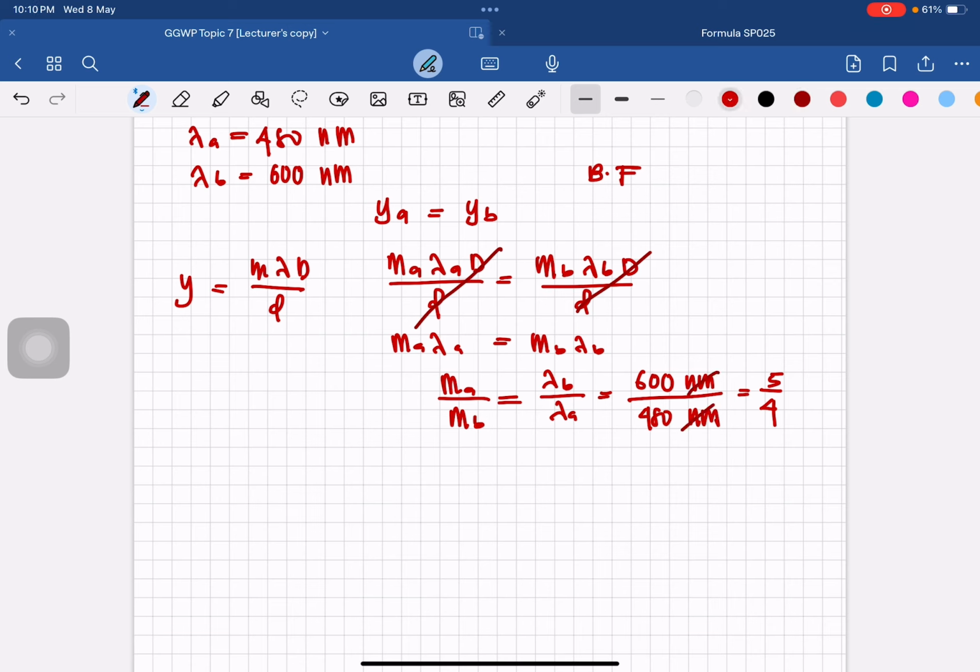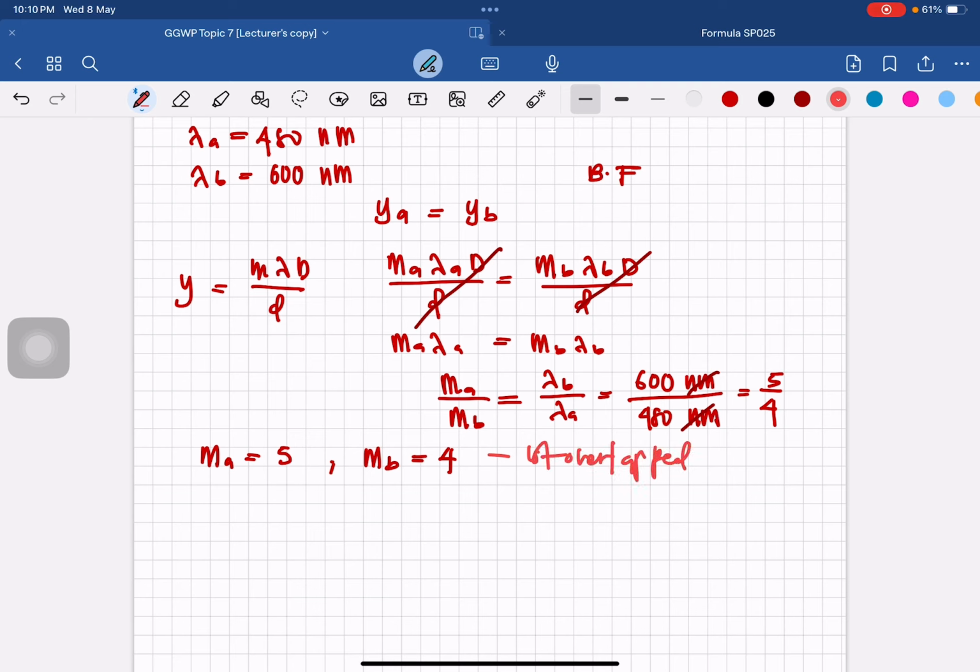Basically what this value is telling us is these two will only overlap when M_A is equal to 5 and when M_B is equal to 4. Okay, so this will be their first overlap. Basically, dorang akan overlap lagi lah.